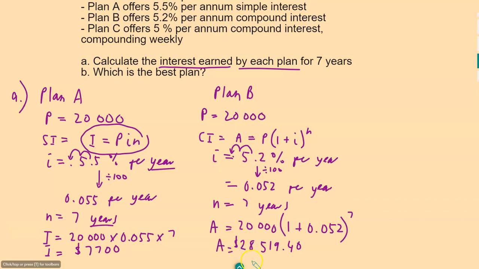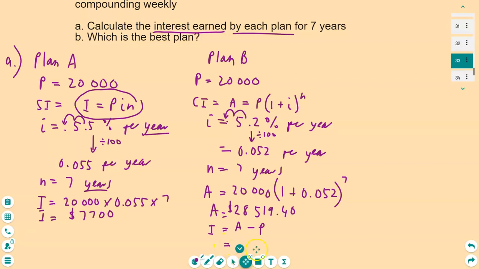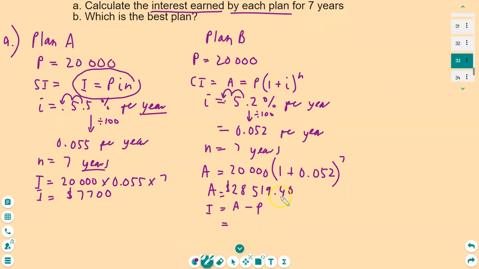$28,519.40. Now, we started with 20,000, so it makes sense that A would be more than that. I equals amount take the principal. Your interest is your amount take the principal. 28,519 take 20,000.